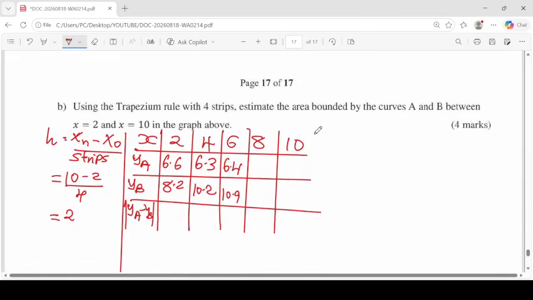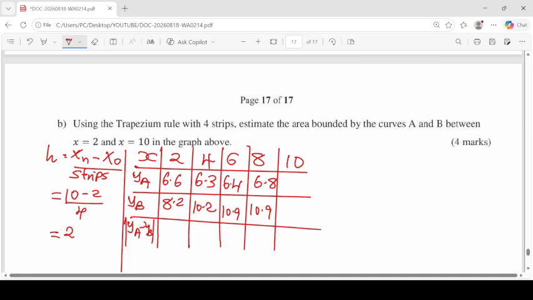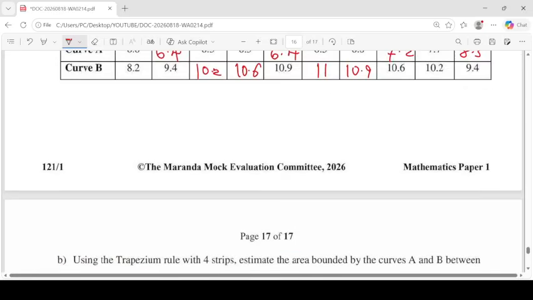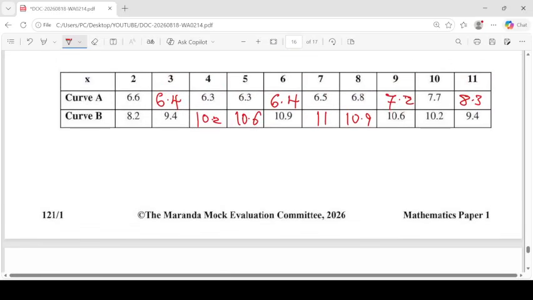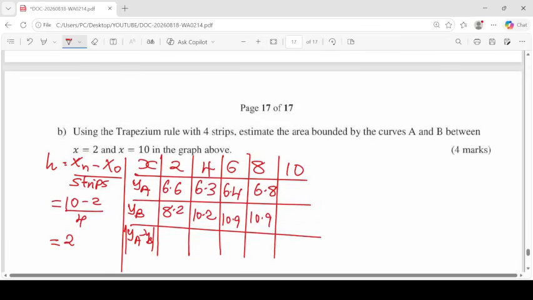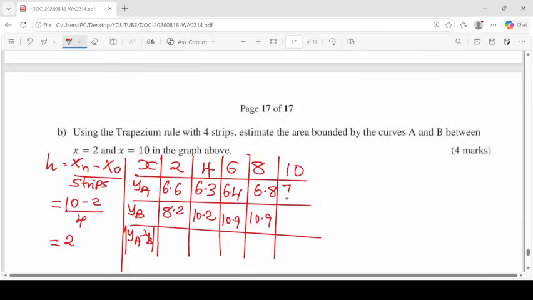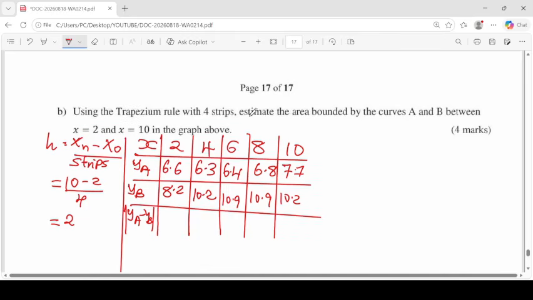Finally, when x is 10, 7.7, 10.2. After getting that, now the area bounded by the two curves is the difference between the two.